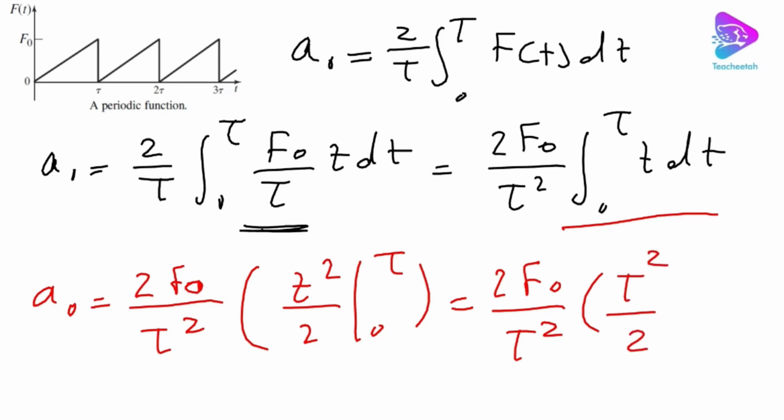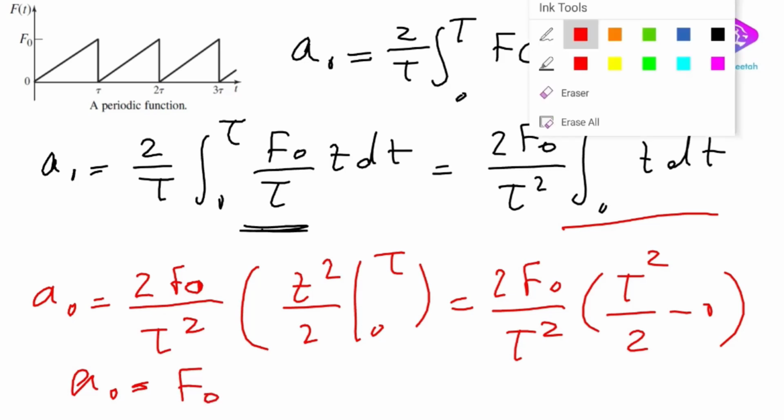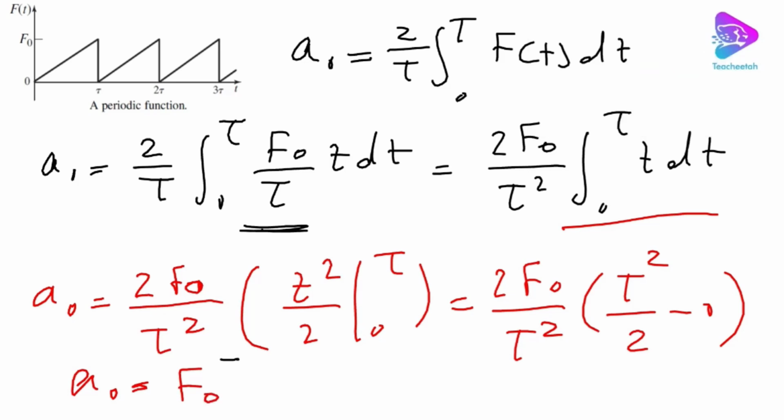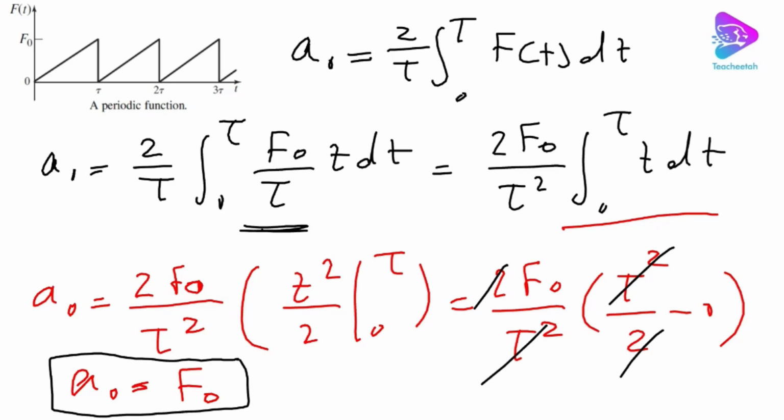We plug in tau and then we plug in 0. So we get a naught equal to F naught. See, a naught is a function of the amplitude of the force, right? Basically this one cancels this one and this cancels that, and we get F naught. Okay, so we found the first unknown parameter of the system, which is a naught.